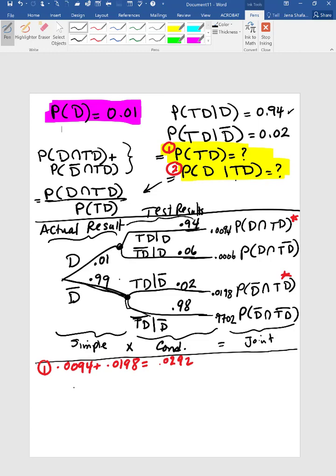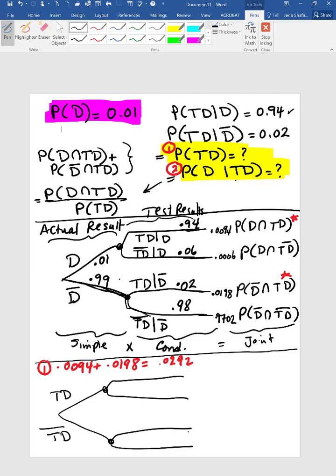We started out our tree with the actual results. Now we're going to start the tree with the test results. So that's test saying defective, test saying not defective, and then the other event is the actual result, meaning the item is defective or not defective.